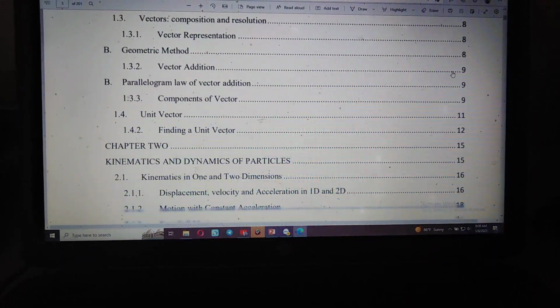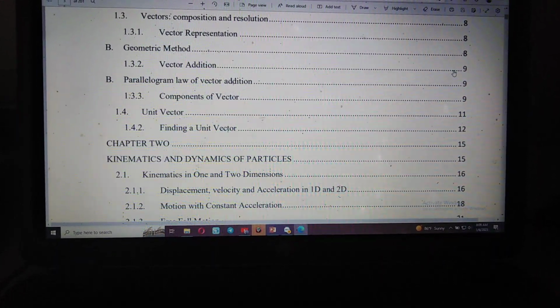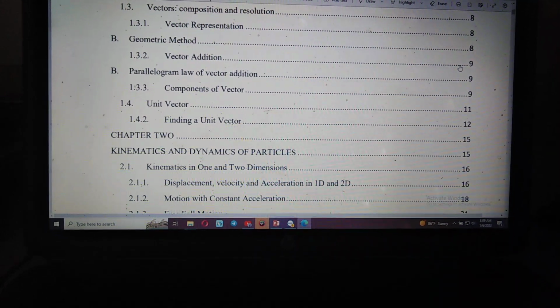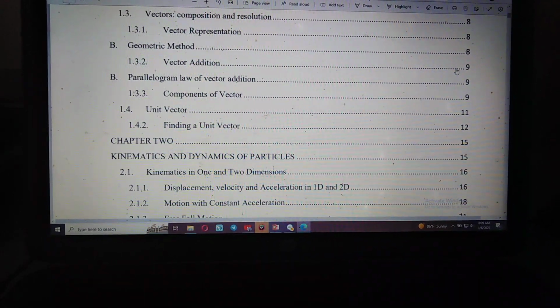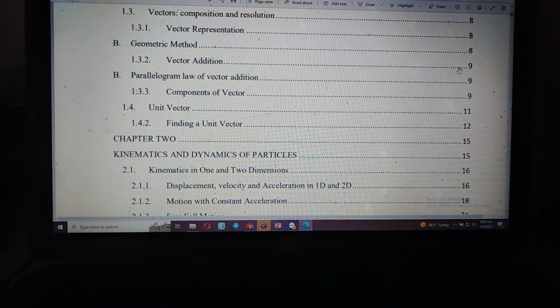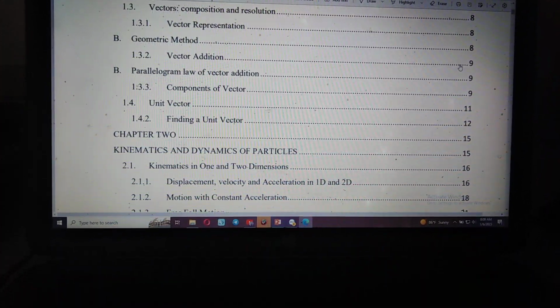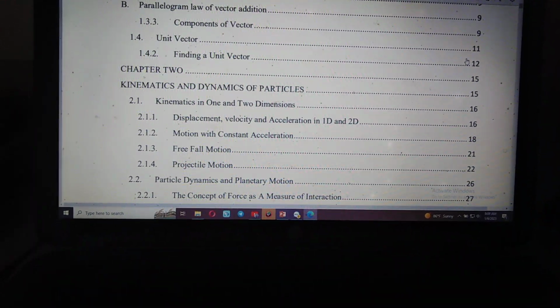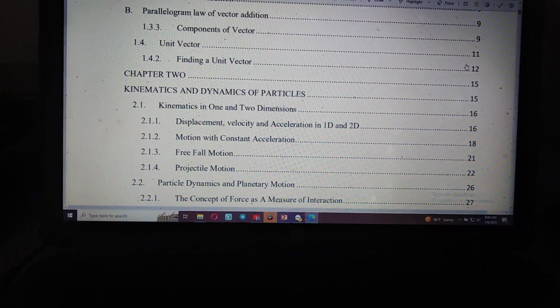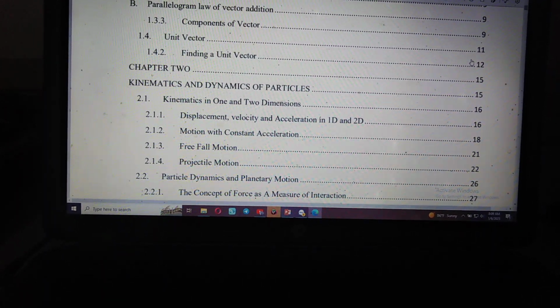The next chapter is kinematics and dynamics of particle. The kinematics in 1 and 2 dimensions: under kinematics, we will see displacement, velocity, and acceleration in 1 dimension and 2 dimensions.